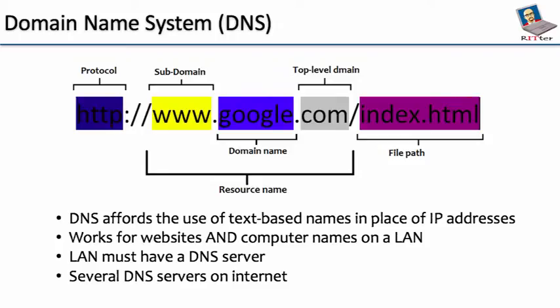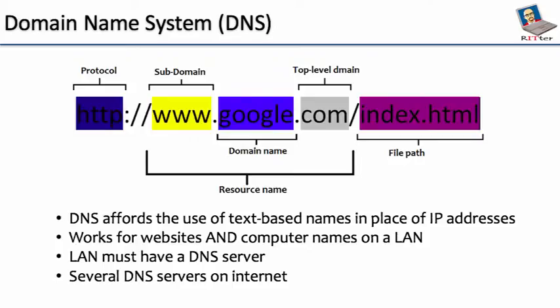So the example here is the Google domain. Google.com is a domain that you would buy and register, pay money for, and that then equates to an IP address behind the scenes. It's easier for us to remember Google.com than it is to try and remember whatever the IP address that relates to.